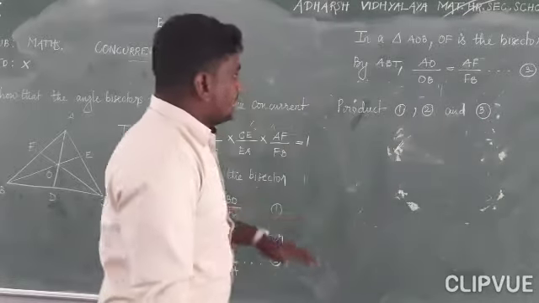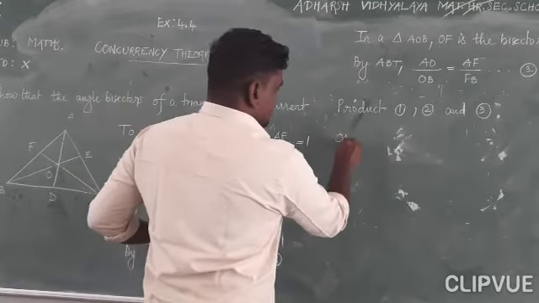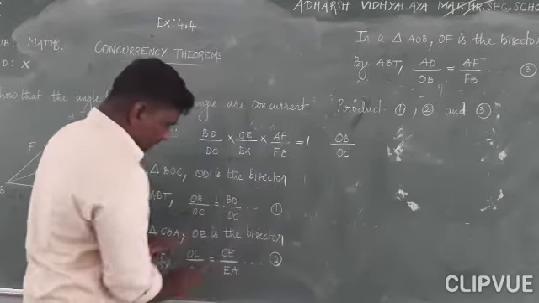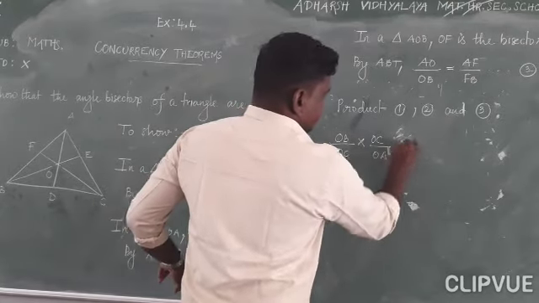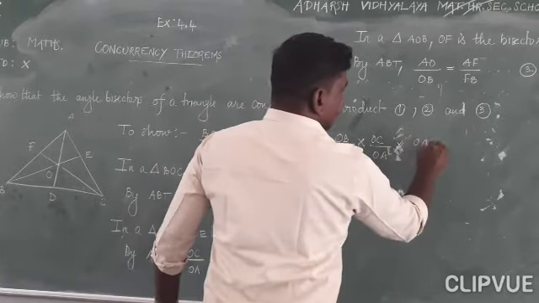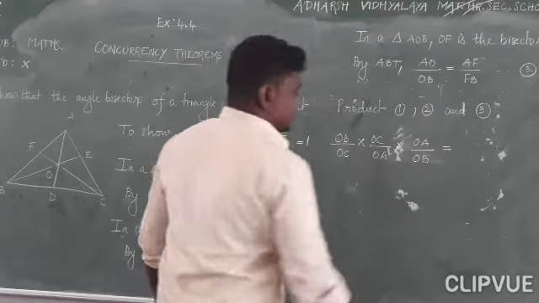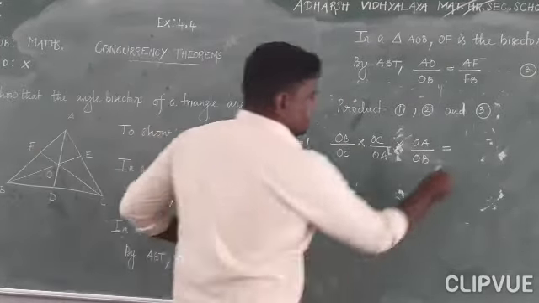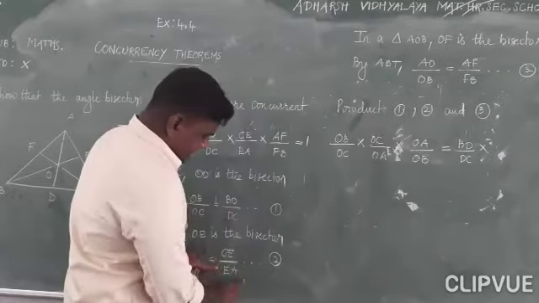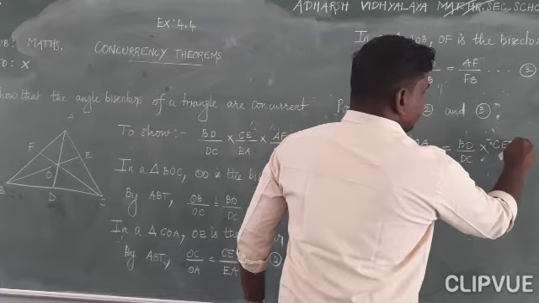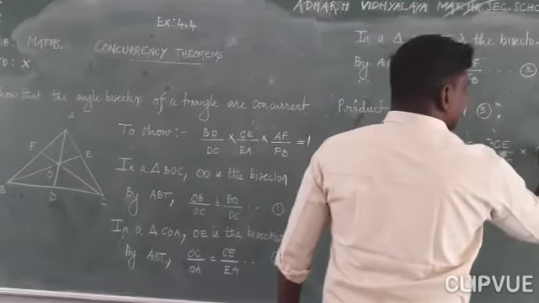The first one, OB by OC, the second one, left hand side OC by OA, into the third one, OA by OB, is equal to the right hand side BD by DC into CE by EA into AF by FB.